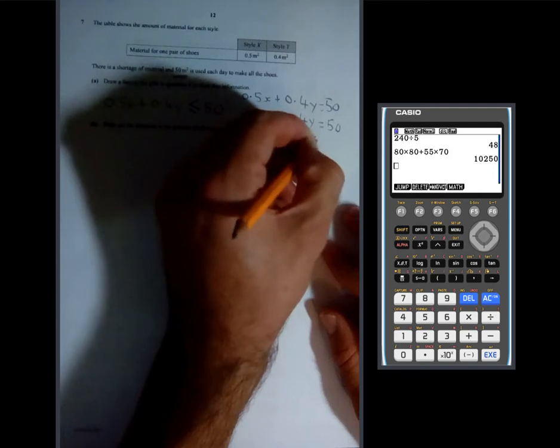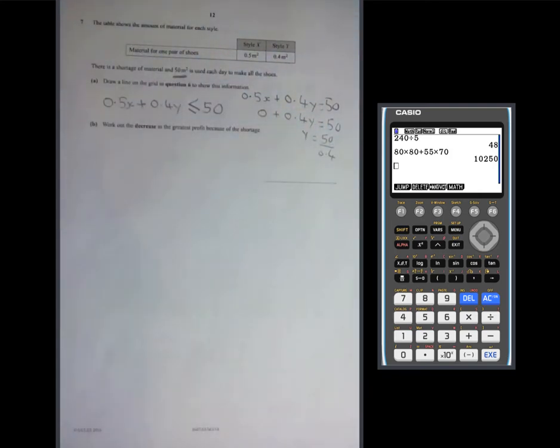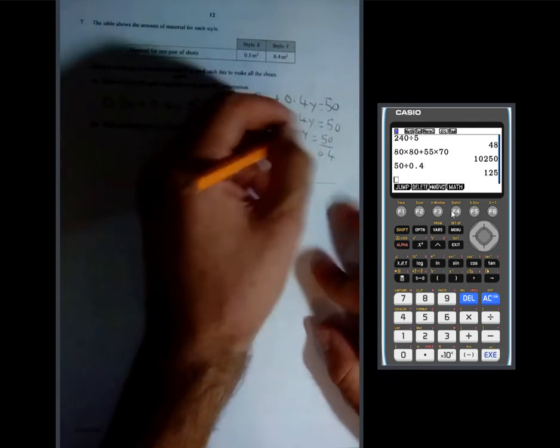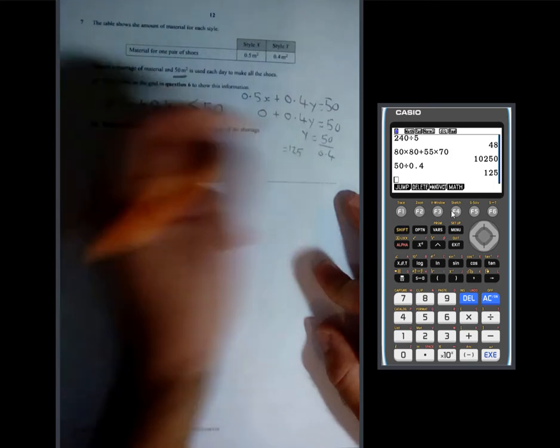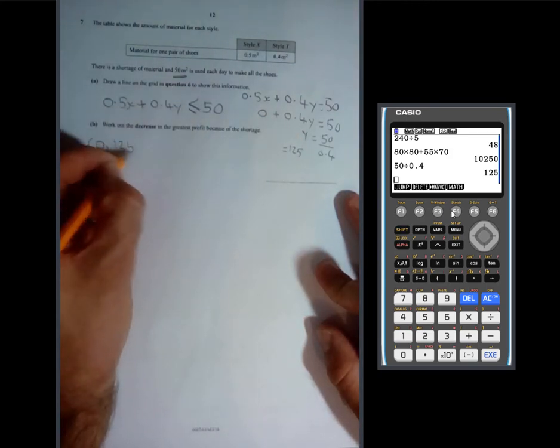So y would be 50 over 0.4, which I'm not going to work out in my head. It's going to be 125. So when x is 0, y is 125.